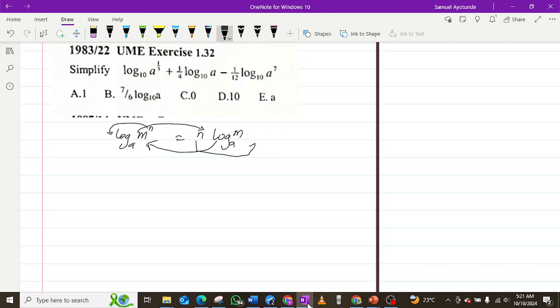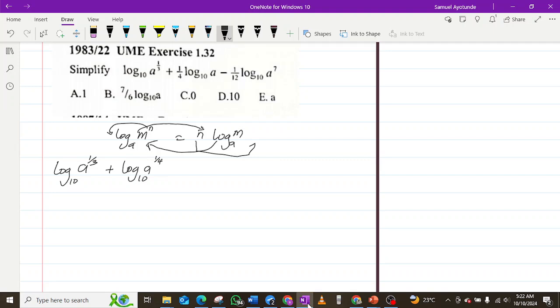So we take the coefficient to the power of the argument. So we have log a raised to power 1 over 3 base 10, taking the coefficients to become the power of a. And we have log a raised to power 1 over 4 base 10.